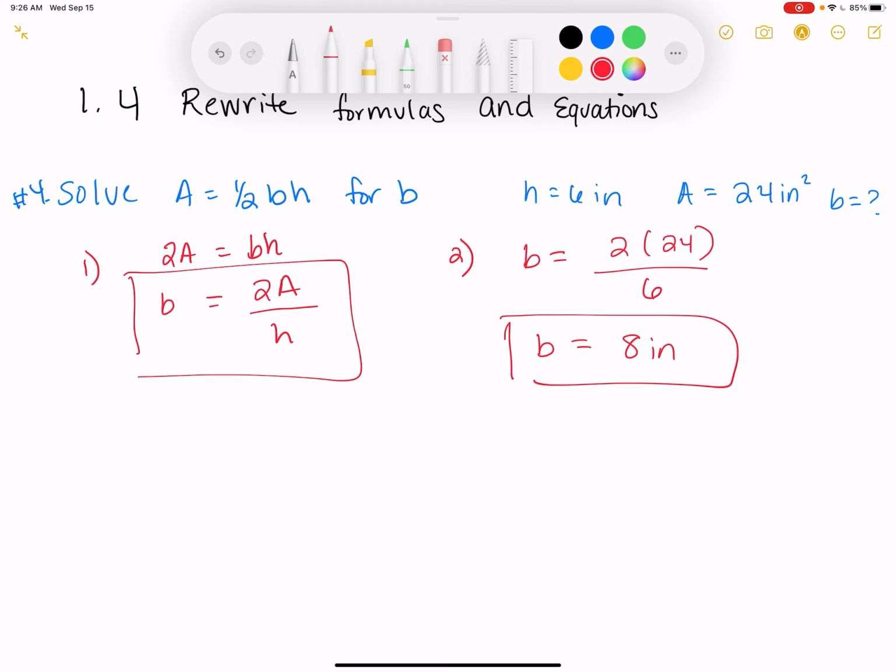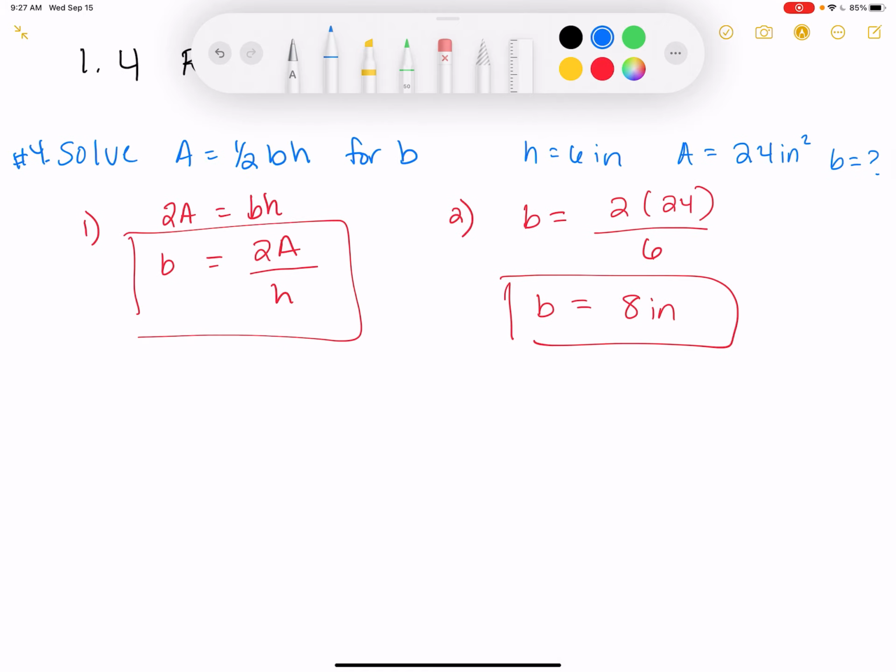If it says solve for B, we have to get it by itself and then plug the numbers in. For one thing, it specifically says to solve for it. I always recommend to do it that way, but you have to do it when the section specifically tells you to.